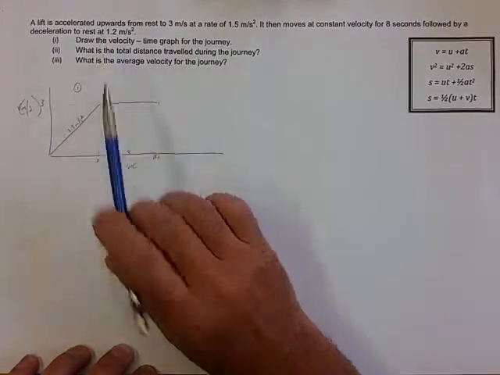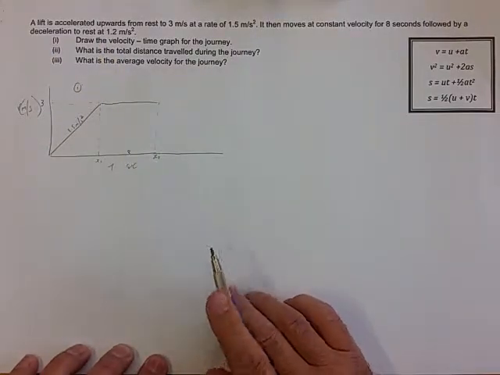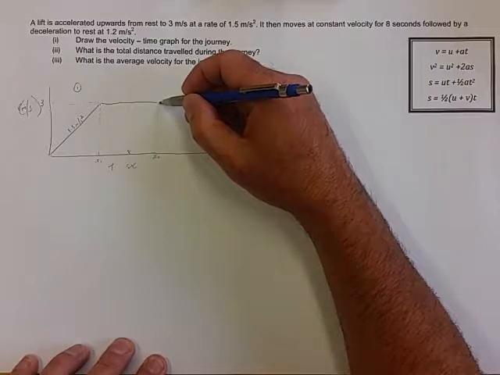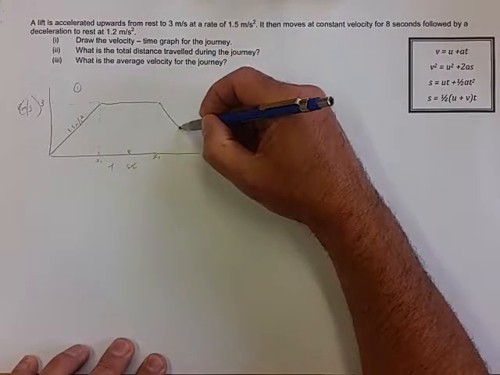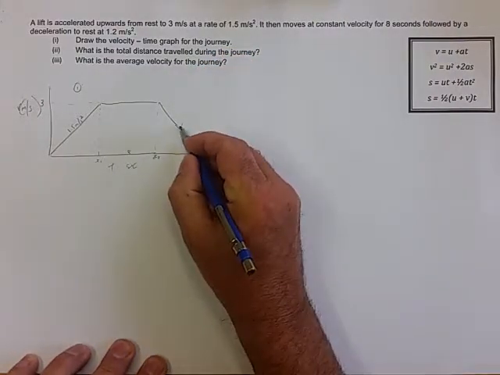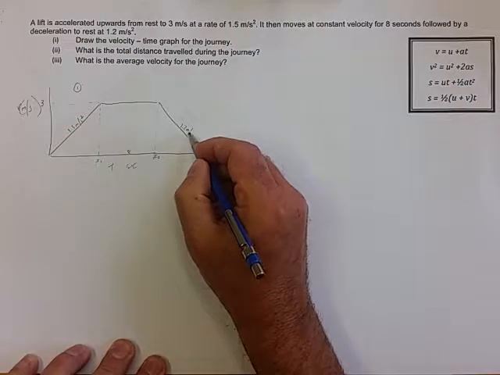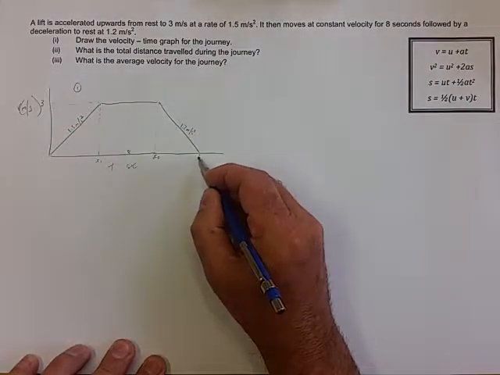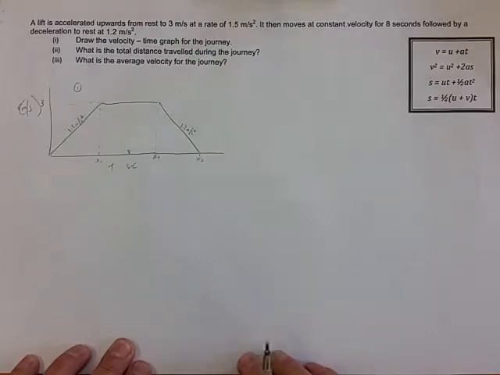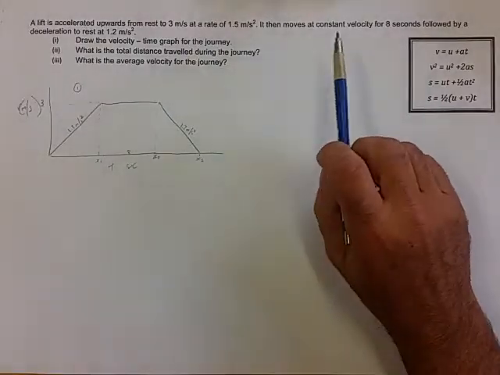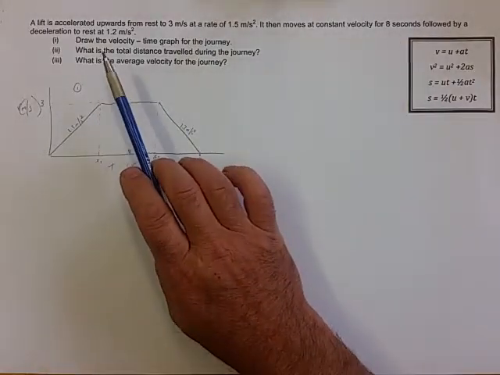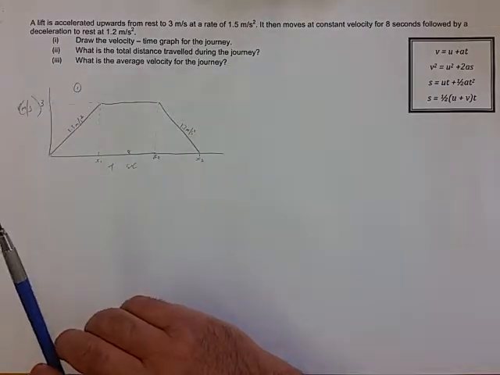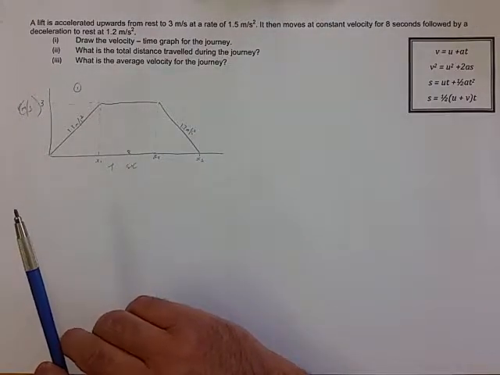Followed by a deceleration to rest at 1.2 meters per second squared. So we'll come down, and that was at 1.2 meters per second squared. Again, we don't know what x3 is. Okay. So, first part, draw the velocity time graph for the journey.